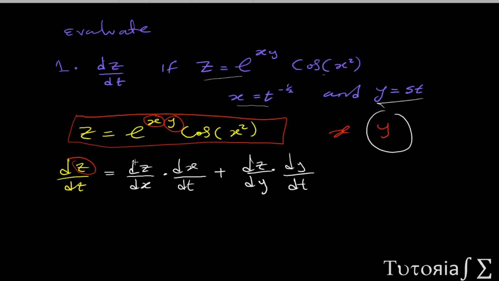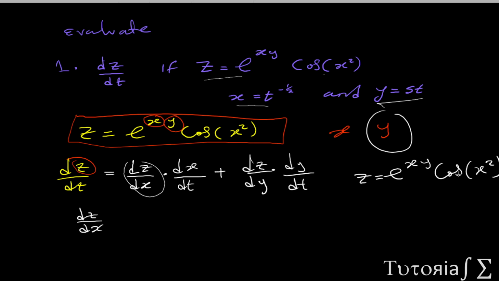First of all, we need to find z with respect to t. So we'll say dz, z with respect to x, so we'll find dz/dx. So when we differentiate z is equal to e to the power xy cos x squared, here we are only considering x.